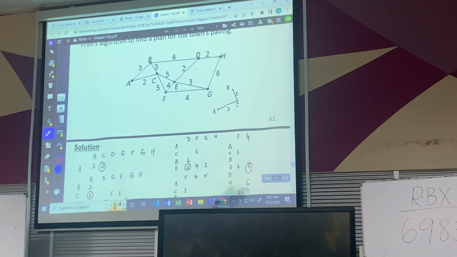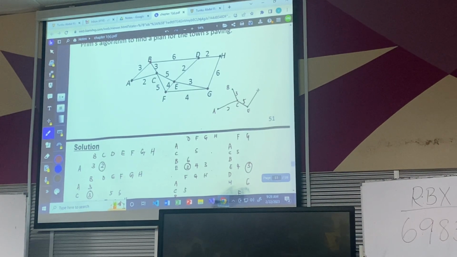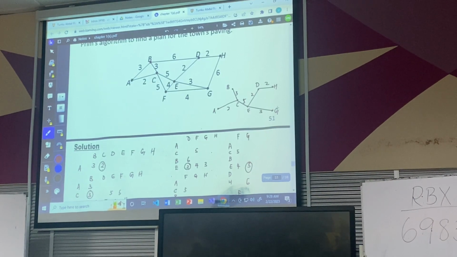Then CE, right? 5, followed by ED. ED is 2, DH also 2, EG is 3, and the last one is EF 4.